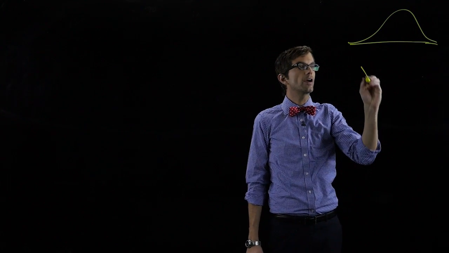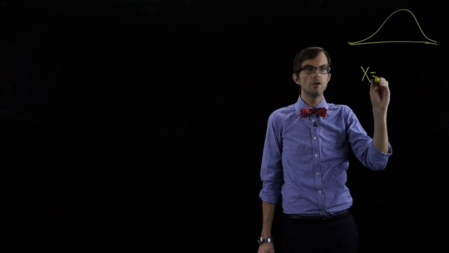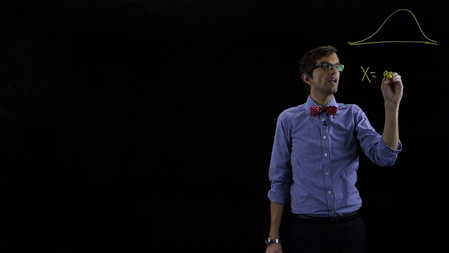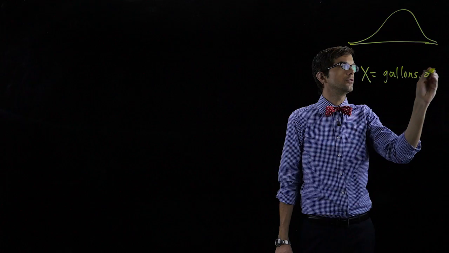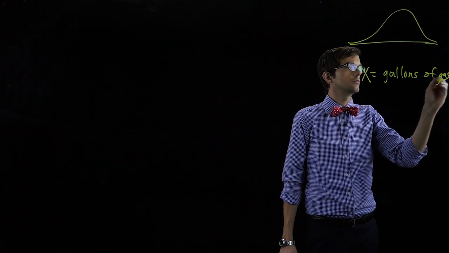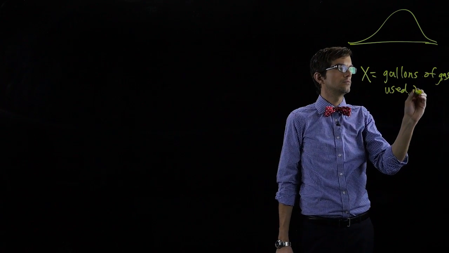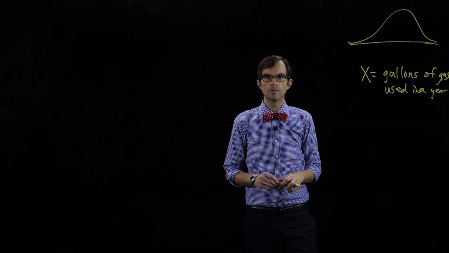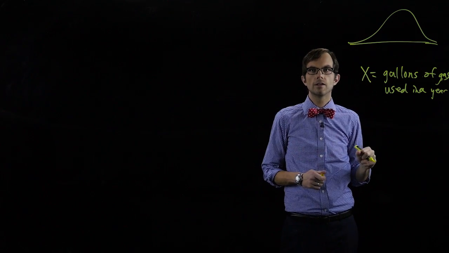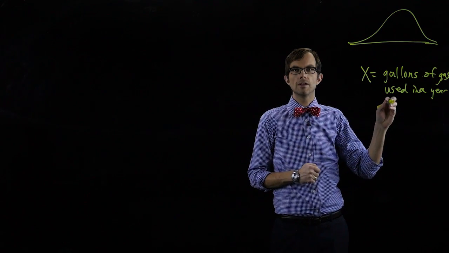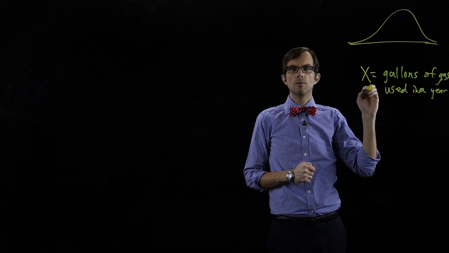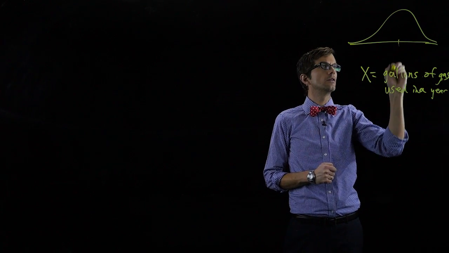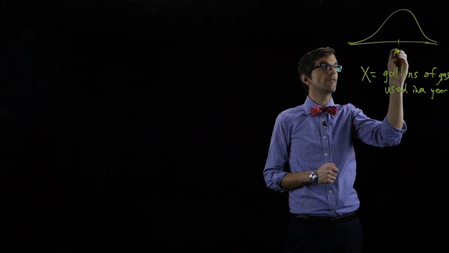Oh, this is fantastic. Okay, let's take a look at a random variable x, which describes gallons of gas used per year. Fuel usage in a year. And we know what? We know that the mean of this random variable is 750.